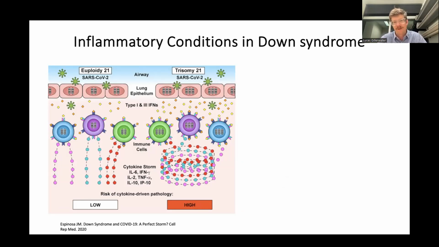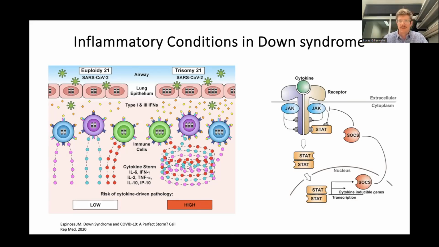They have increased interferons and interferon receptors, which in the case of SARS-CoV-2 infection, we were able to observe that in people with Down syndrome, due to this increased rate of interferon signaling, they had increased likelihood of developing the cytokine storm, which may lead to cytokine-driven pathology.